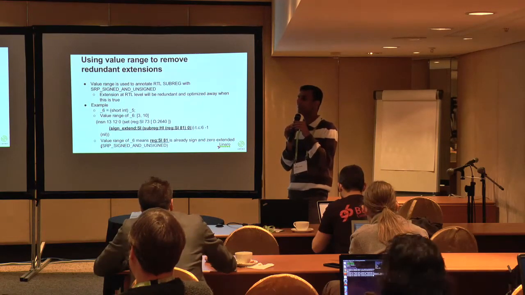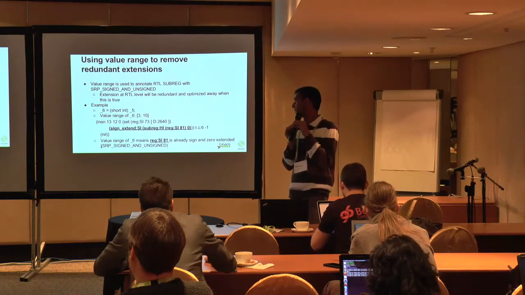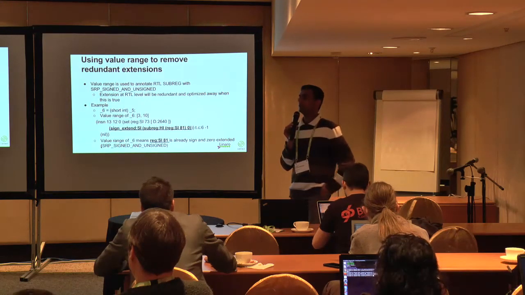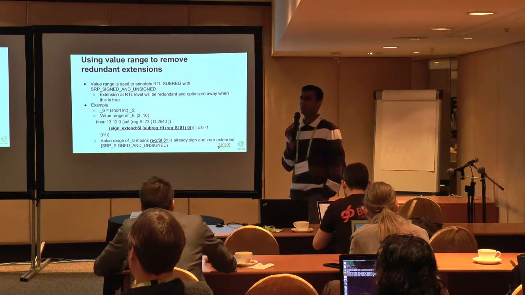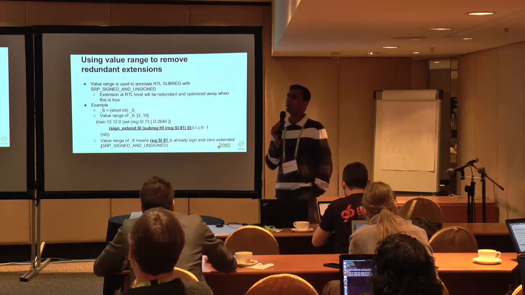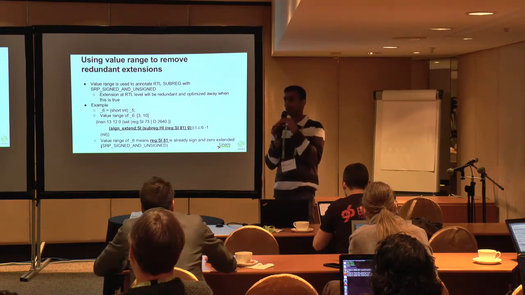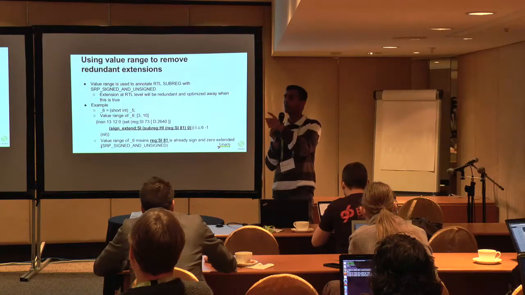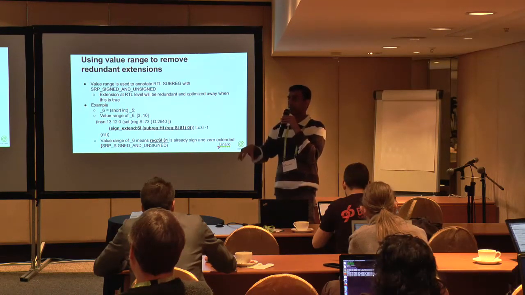So I guess your solution is that you propagate the value range into RTL, then you add a pass to optimize some of the subreg and sign extension. Is that correct? We don't really propagate the value range to RTL. We just propagate the value range to all the SSA variables and use that SSA information while we expand to RTL. You do this at the expand phase? Expansion, exactly, yeah.